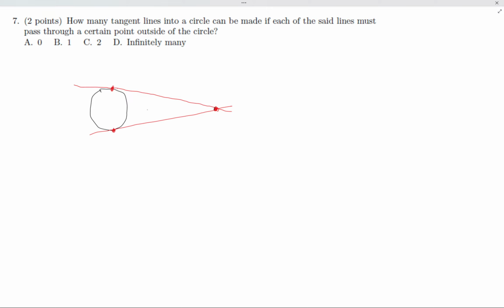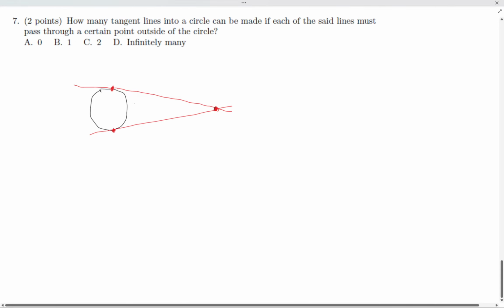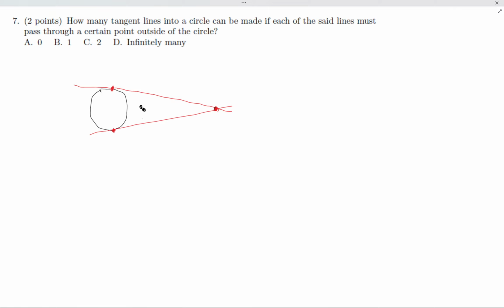Now if you pull this point nearer to the circle, it must also change the slope of your tangent lines. In this case, if this is the point here and it's nearer to the circle, the tangent lines could look like this. So again, that is wrong. I'm not really suggesting that they intersect at the same point.